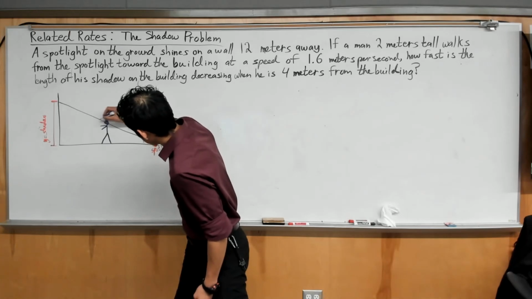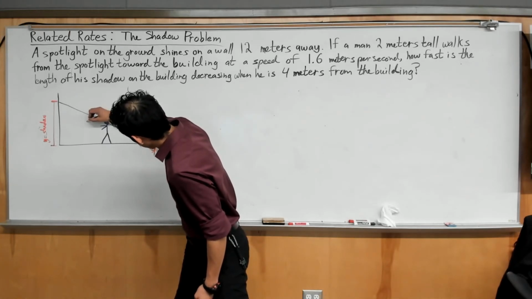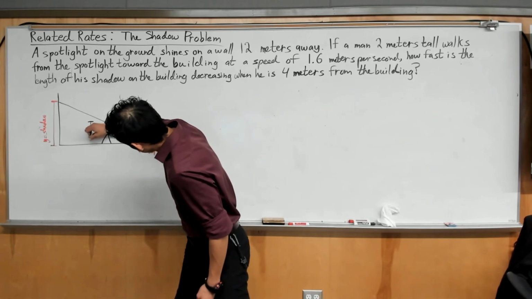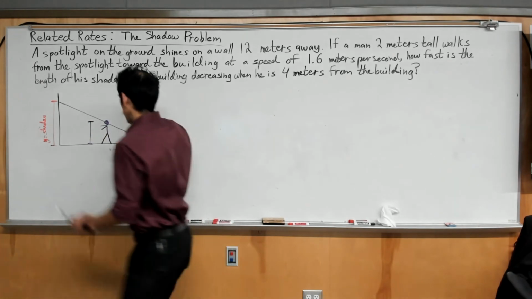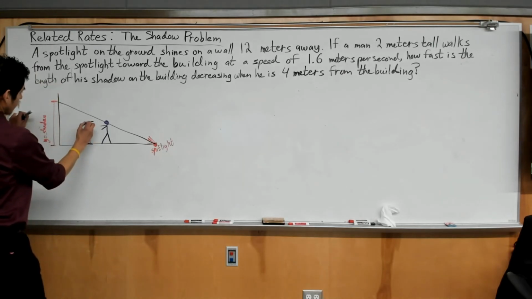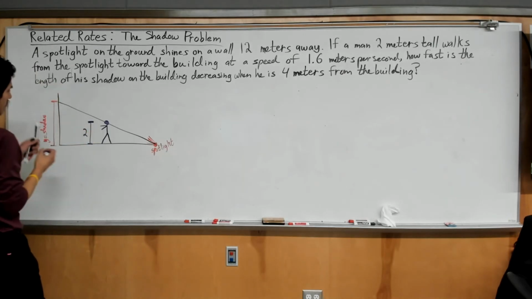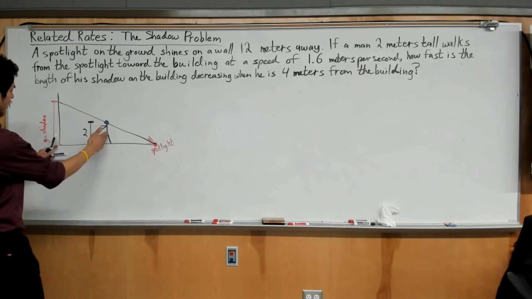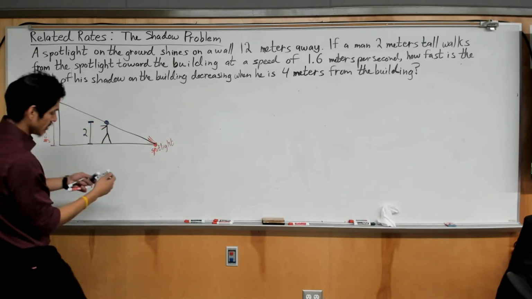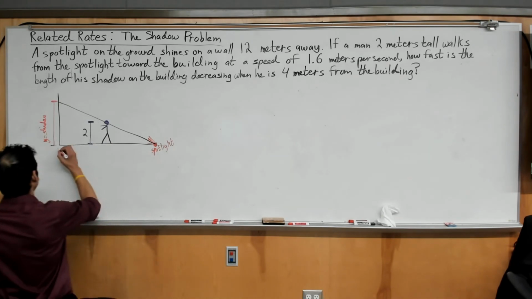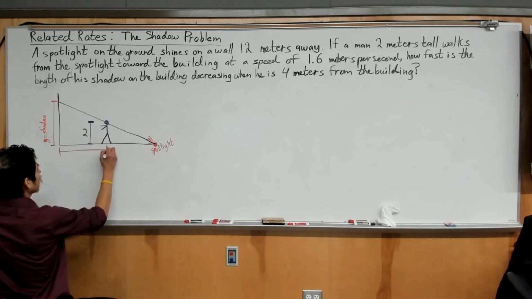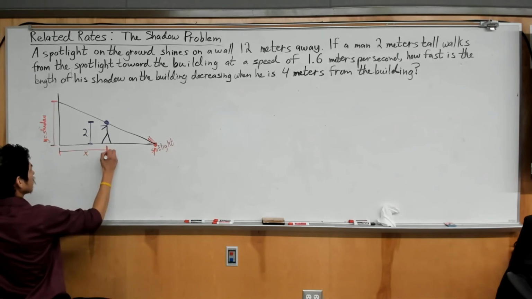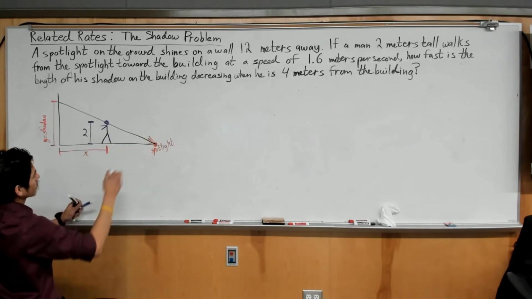And we're told that this guy is 2 meters tall. So he's 2. We'll say that the distance the guy is from the wall is x. So from here to the guy, that's x meters away.